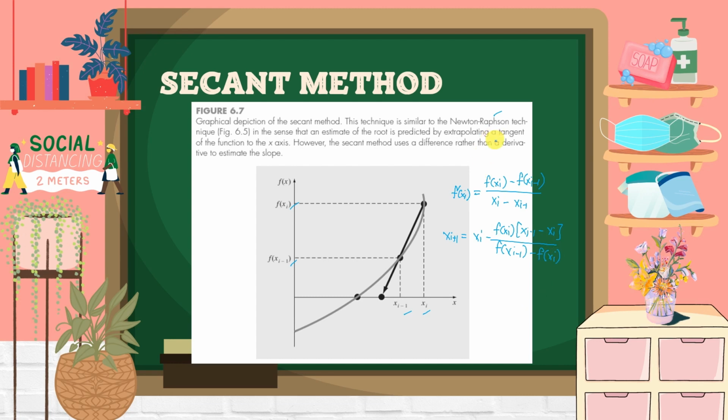This is the graphical representation in finding the formula applying the second method. So it is not using the first derivative, unlike in our Newton-Raphson, which still uses the derivative of the function.